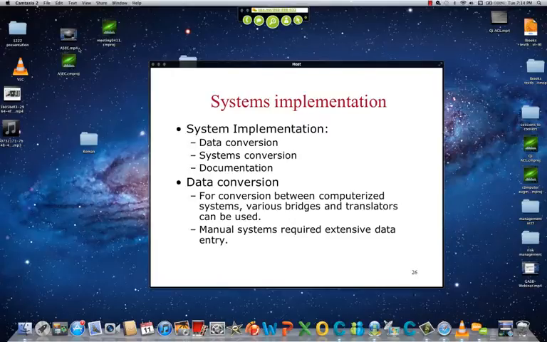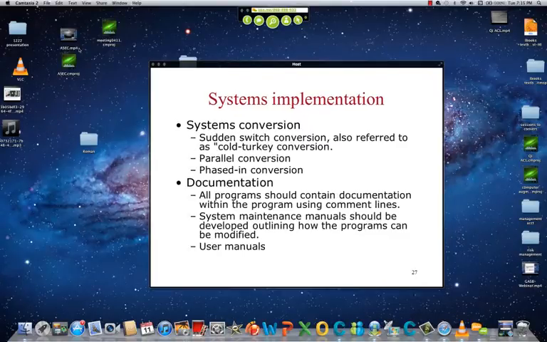So actually, this is due to the drawbacks of the old file systems, or of the old applications that we discussed previously. This is also a huge problem. Okay, so systems conversion. You have the current system, you have the new one, right?